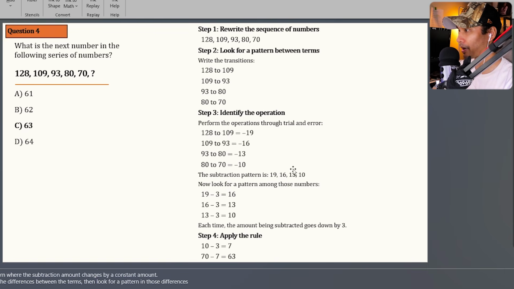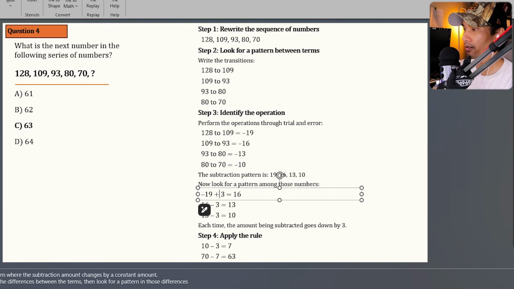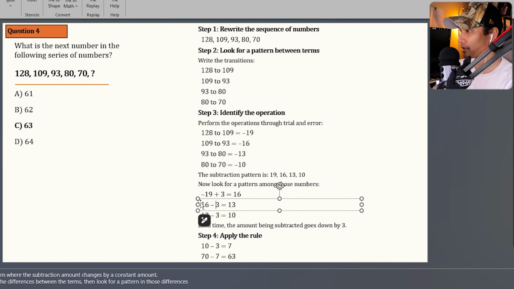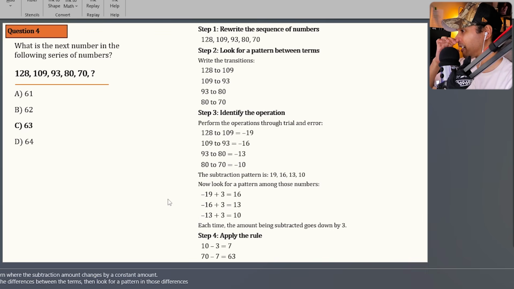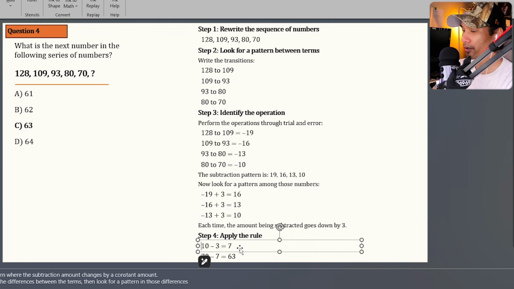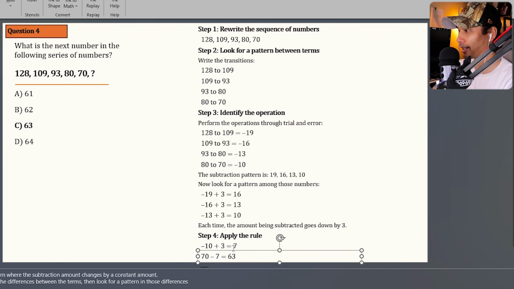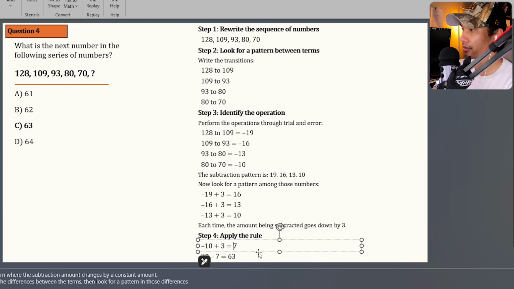Now look for the pattern among the numbers, right? Negative 19 to negative 16 is positive 3. So we're just going to do the operation like this. Just so it's all uniform. All right, perfect. And then the next one would be 10 minus 10, and then we plus 3 because we want to minus 7, right?